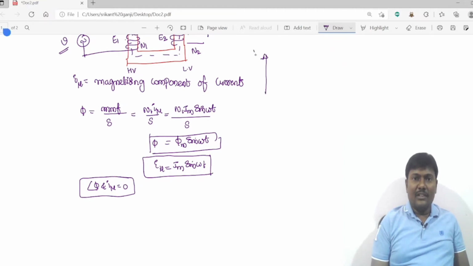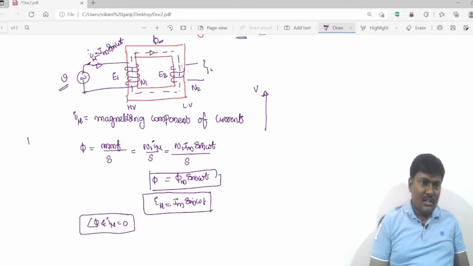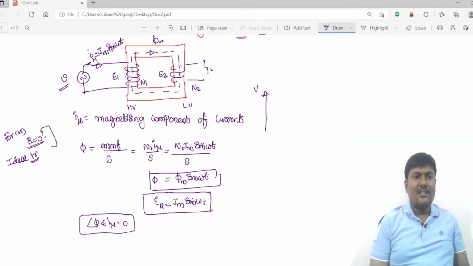If I am drawing the phasor diagram for an ideal transformer, the resistance of the winding is assumed as 0. The coil offers a purely inductive nature.